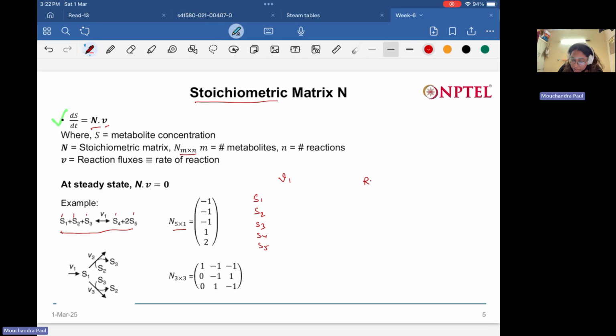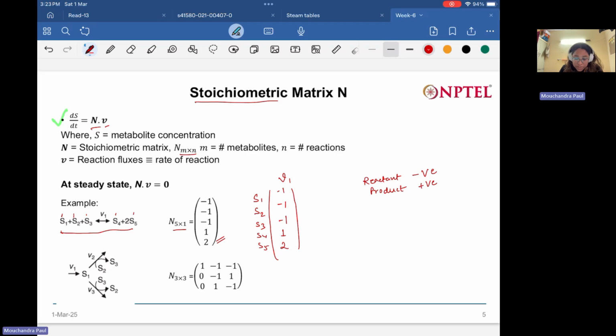For reactants, we write the coefficient with a negative sign, and for products, with a positive sign. So S1, S2, and S3 are all reactants, so the coefficients will be -1, -1, -1, whereas S4 and S5 are on the product side, so the coefficients will be +1 and +2. When you complete this, you will get a 5x1 matrix, which looks like this.